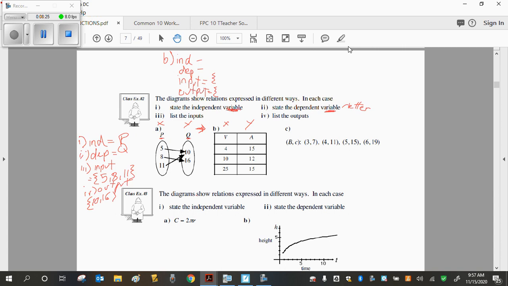Okay, independent variable. Now that is X, but you can't put X because there's no X on this question. So don't put X and Y if you're going to be tempted to put X there.